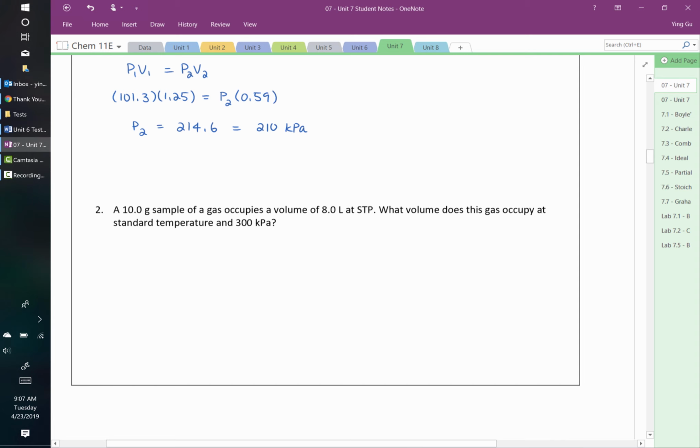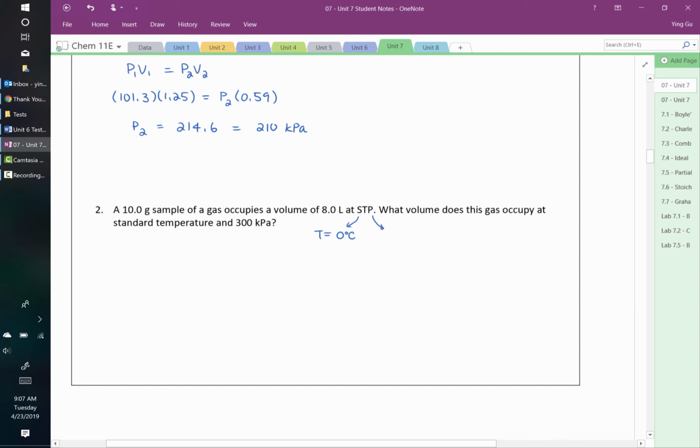Let's talk about STP. This is a good spot just to review what that stands for. STP stands for standard temperature and pressure. Standard temperature, you guys remember what that is? It is 0 degrees Celsius. Okay.